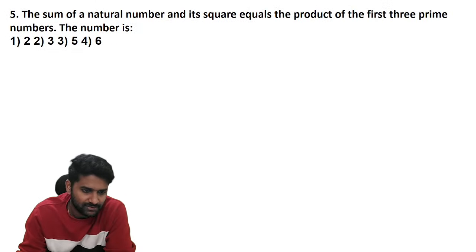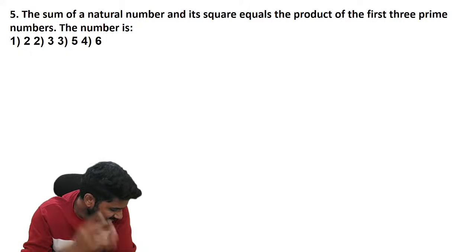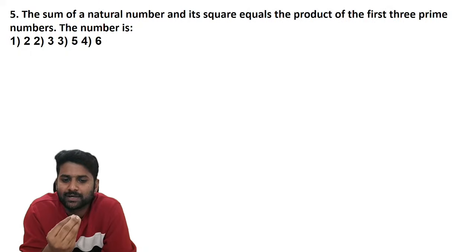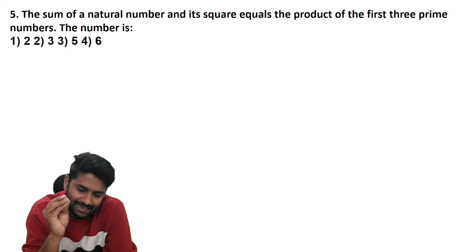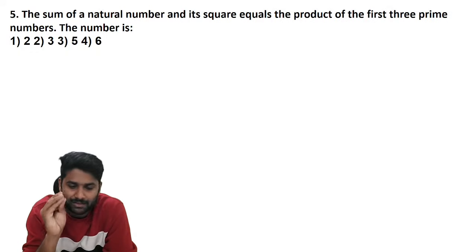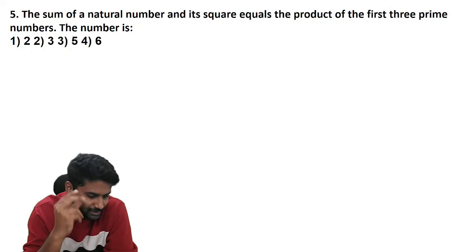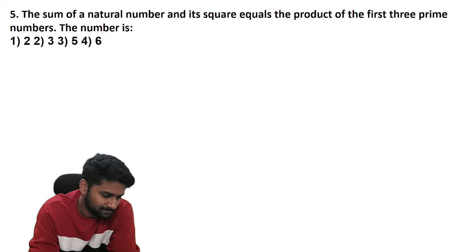Next, move on to the next question. Try to solve this question. Understand the question, that is most important. It's not like a math, but more analytical thought process is most important. So try to understand the given data.